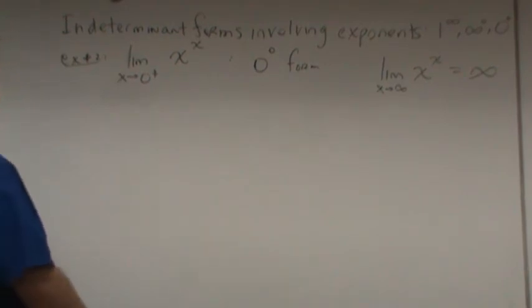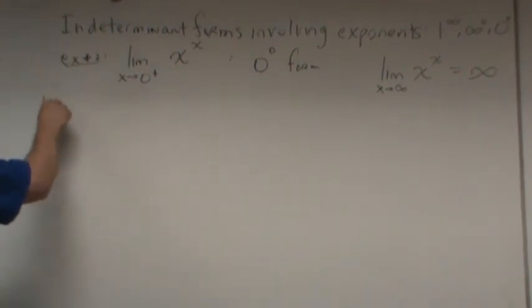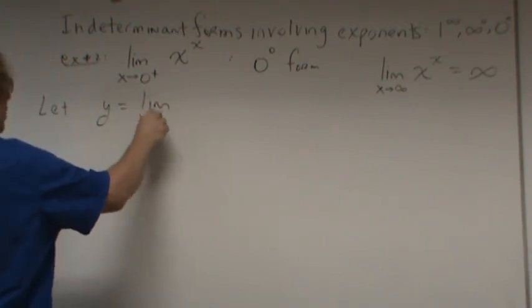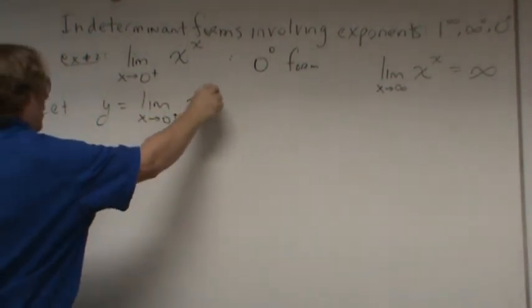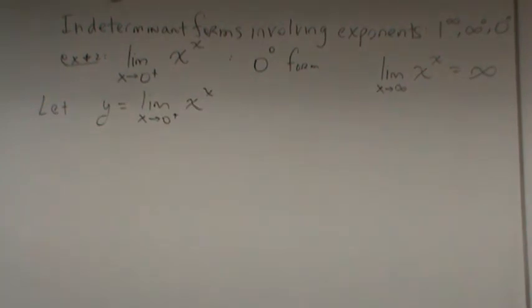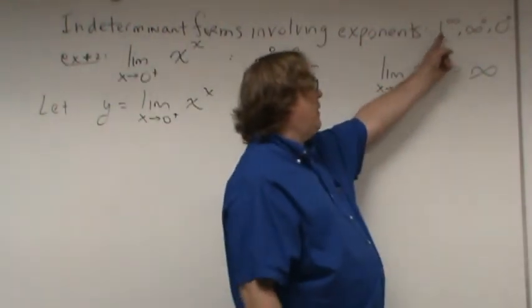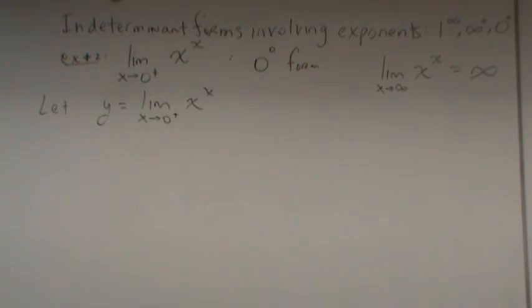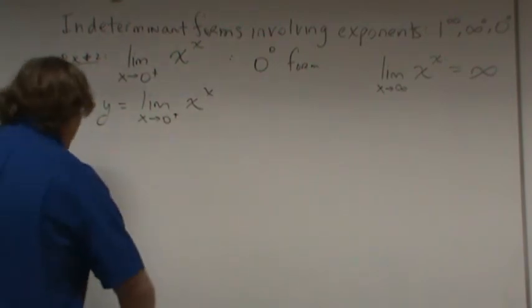So here's what we're going to do. We're going to let y equal the limit. This is the process you're going to go through. Let y equal the limit, and then just like we did with logarithmic differentiation, when you want to take the derivative of something with a weird exponential, you take the log natural of both sides first. So that's the next step.